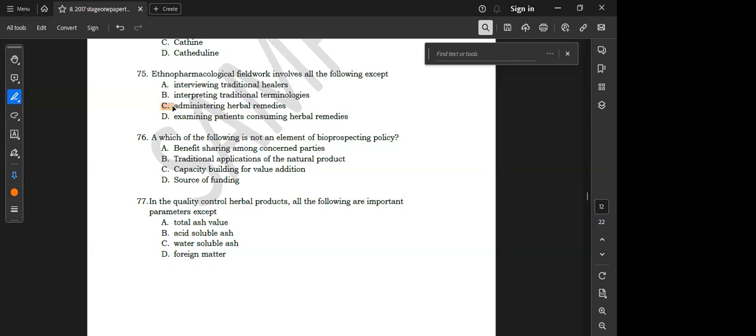Which of the following is not an element of bioprospecting policy? Benefit sharing among concerned parties, traditional application of the natural product, capacity building for value addition, and source of funding.